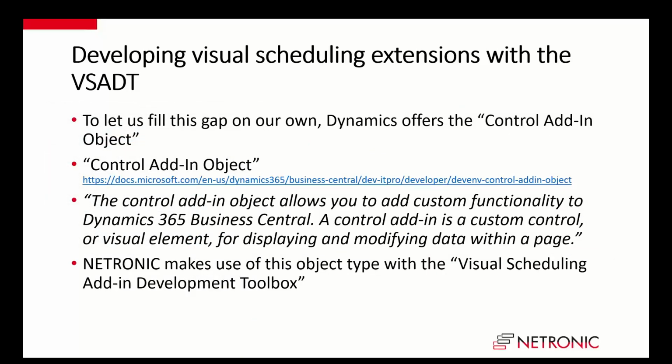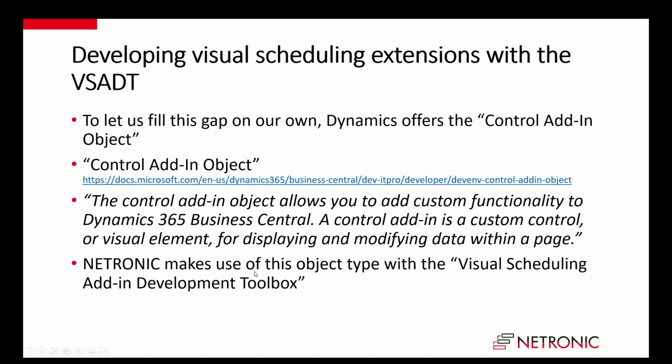To fill this gap on our own, Dynamics offers the so-called Control Add-in object. The Control Add-in object is a native object from the platform itself, and I copied over the text from the help page.